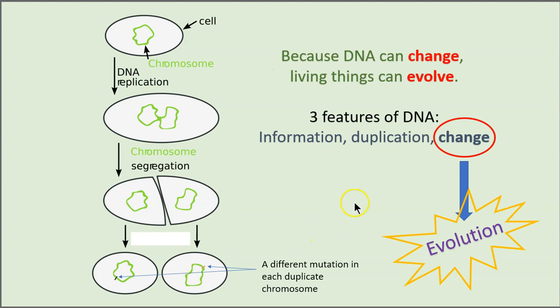And these mutations then allow for the possibility of evolutionary change. So out of the 3 features of DNA, information, duplication, change, the fact that DNA can change its information content as mutations accumulate means that living things can change over time. And we're going to call that process evolution.